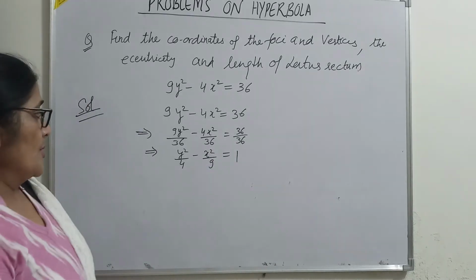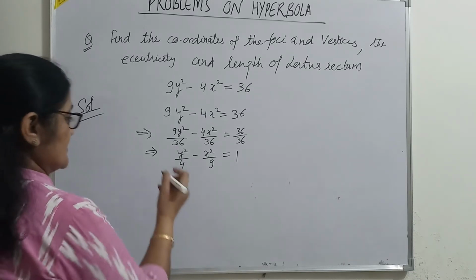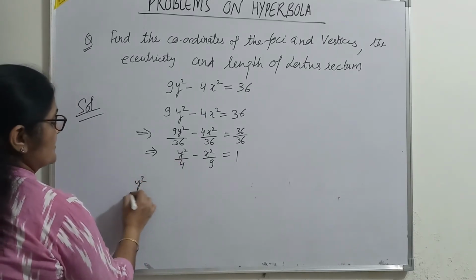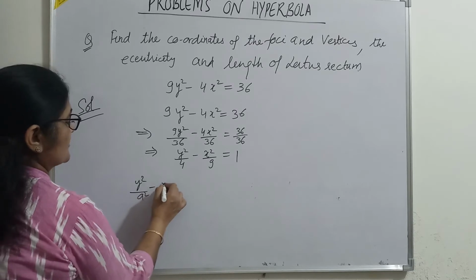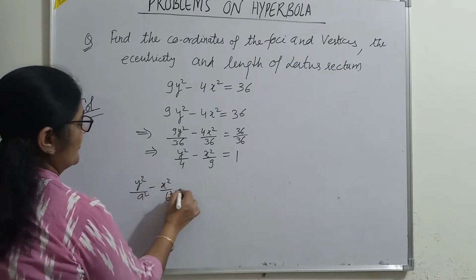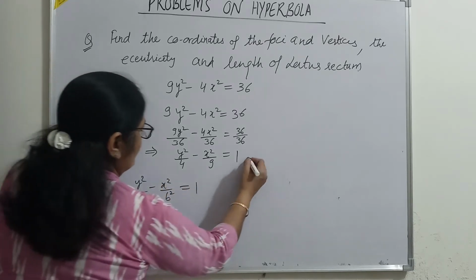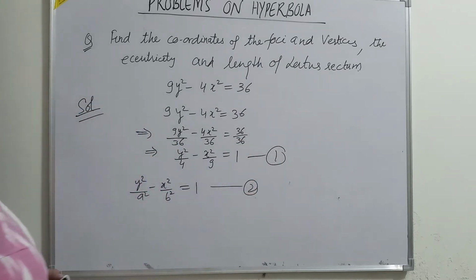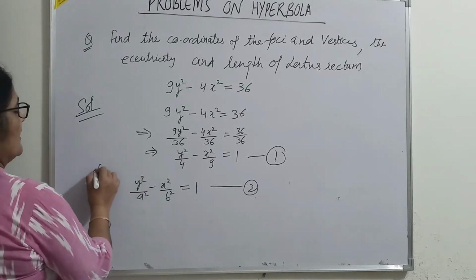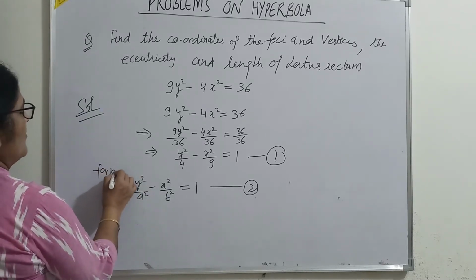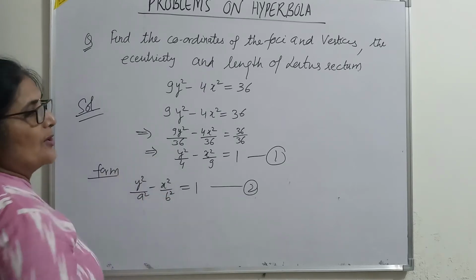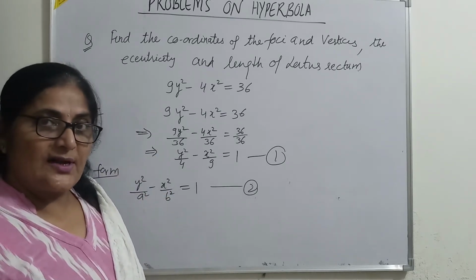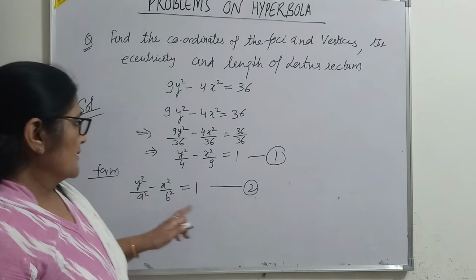Now, what is this? This form is y square upon a square minus x square upon b square is equal to 1. So the given equation is of the form y square upon a square minus x square upon b square.